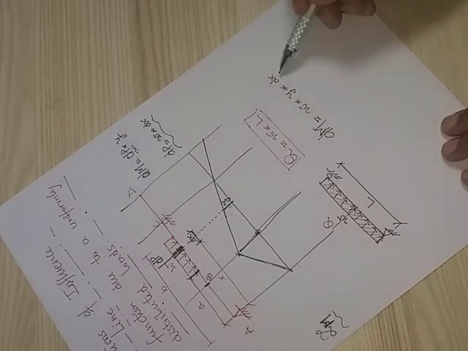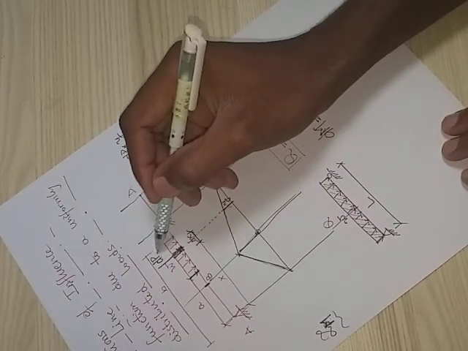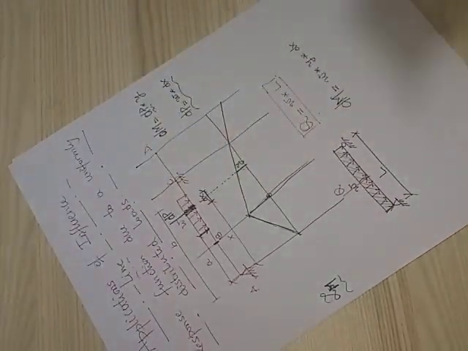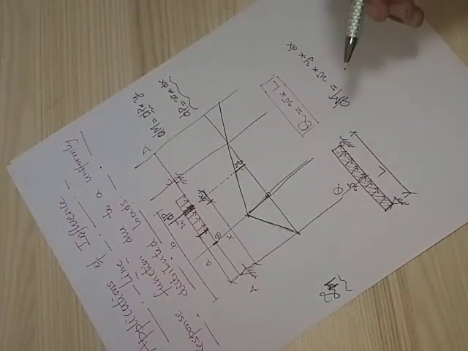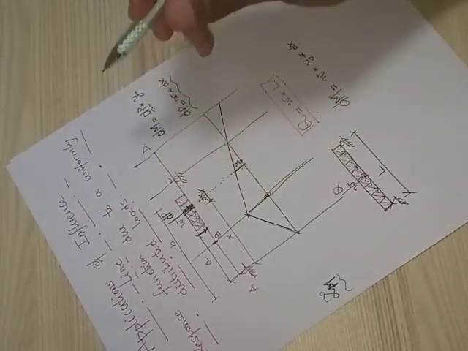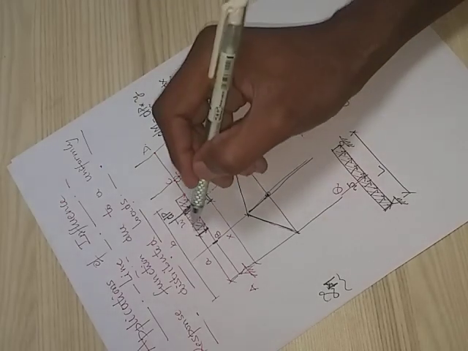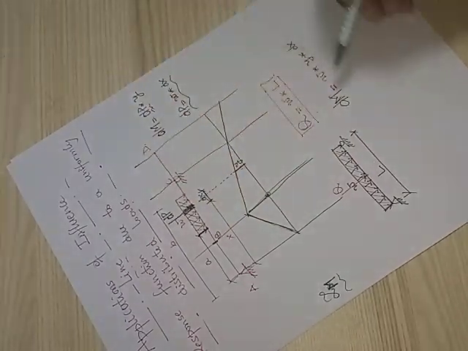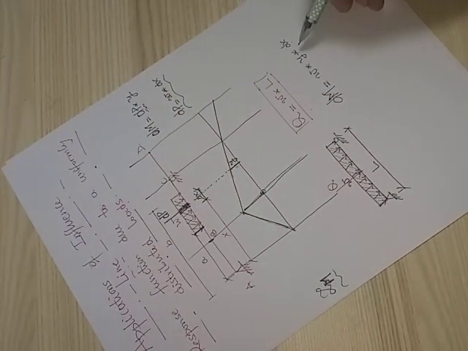But this is only when we have this element here. We want to find out the total moment created by this total distributed load. We know that this distributed load starts from A to B, so we're gonna integrate our element of moment.